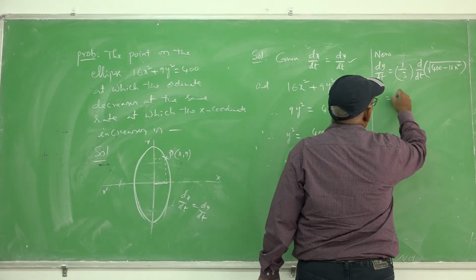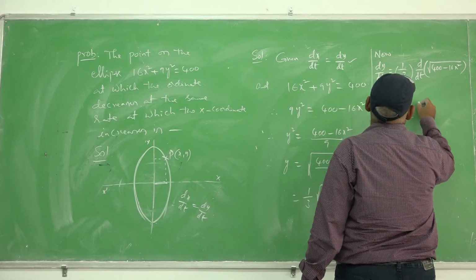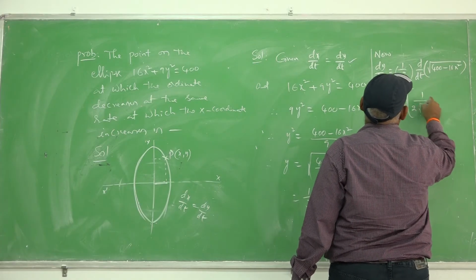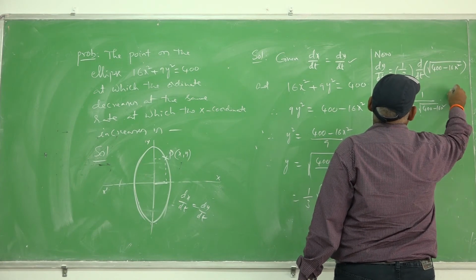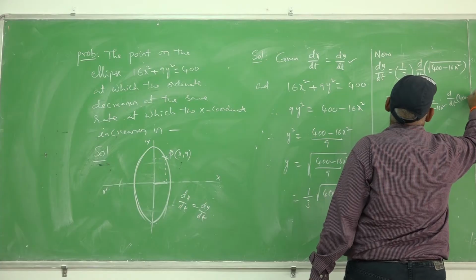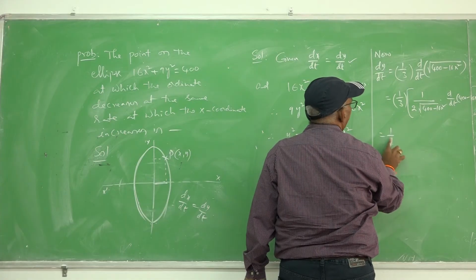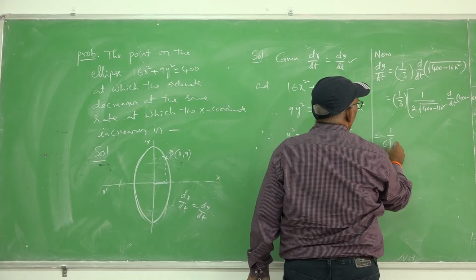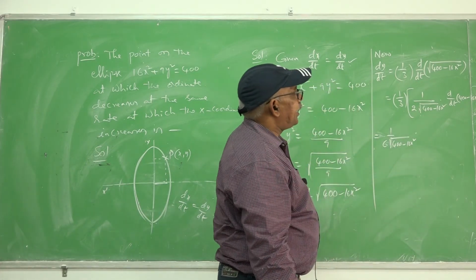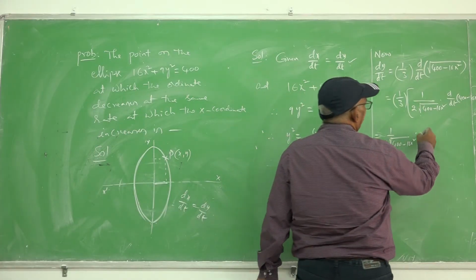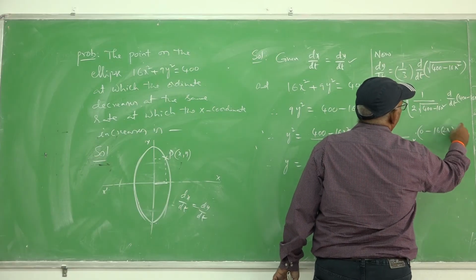For the root function, we get 1 by 2 root of 400 minus 16x square into d by dt of 400 minus 16x square. That is 1 by 3, 3 into 2, 6 into root over 400 minus 16x square into d by dt of constant is 0 minus 16 into derivative of x square with respect to t, 2x into dx by dt.